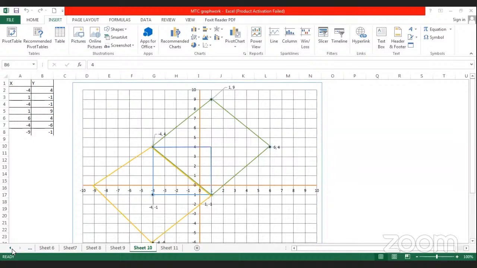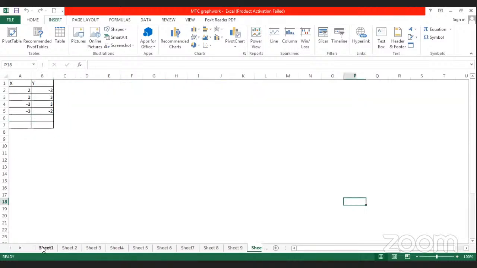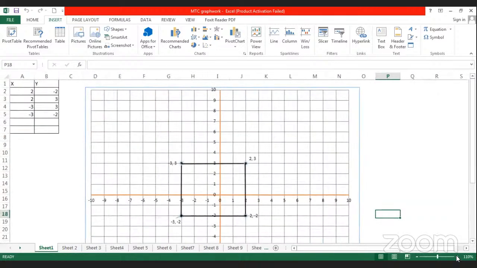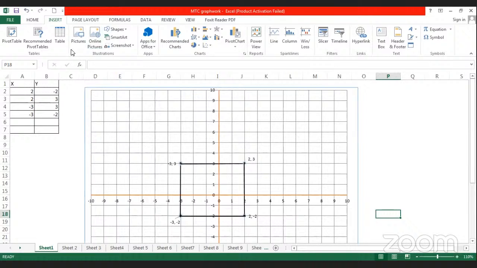I hope you're able to see the screen I've displayed. Are we able to see the screen? Yes. Okay, so here is Esther's work.